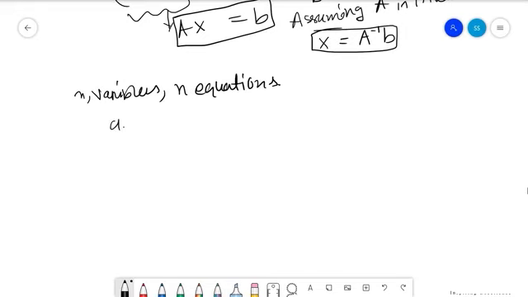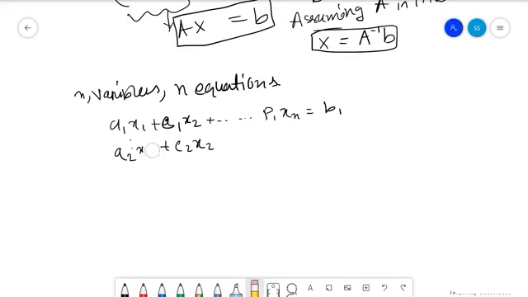That is, we have a1 x1, let's call it c1 x2 and let's say p1 xn equals b1, and we write a2 x1 plus c2 x2, oh sorry, this is not x2, this should be x1, p2 xn is equals to b2 and so on. That is, there are more equations.